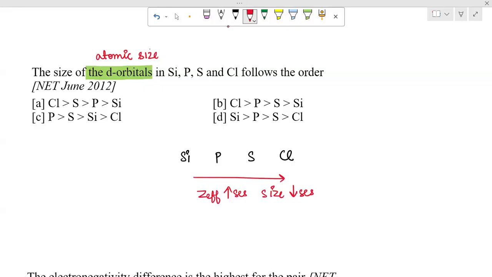You can see chlorine is smallest over here. So it's not option B, it's not option A. Silicon will be the largest because it is in the extreme left among the options. So D should be the answer: silicon, phosphorus, sulfur, chlorine. Right, option D.